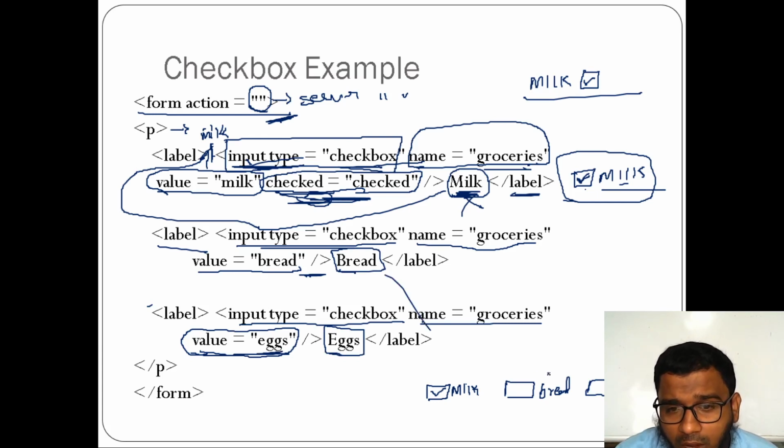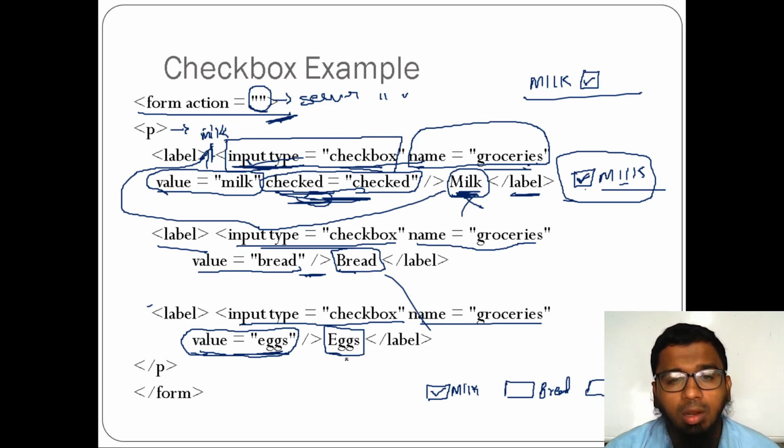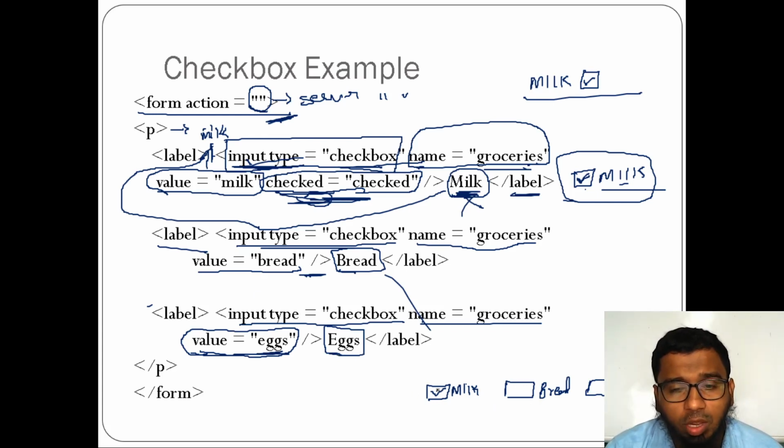Okay, milk, this is a capital B, bread, and this is a capital E. So whatever you are writing in the label, that is displayed here. By default it is checked here. Okay. Why is it checked? Because we have given checked in the code.